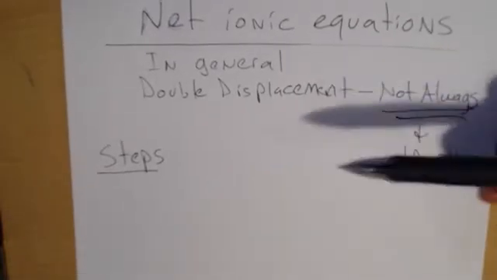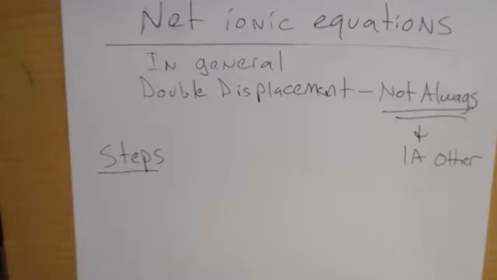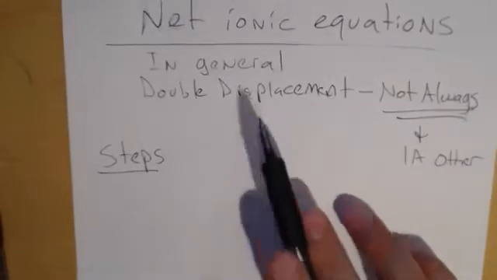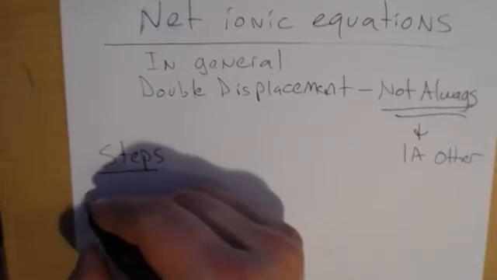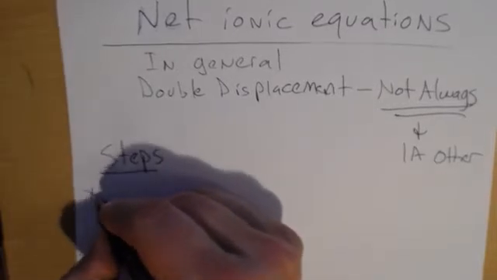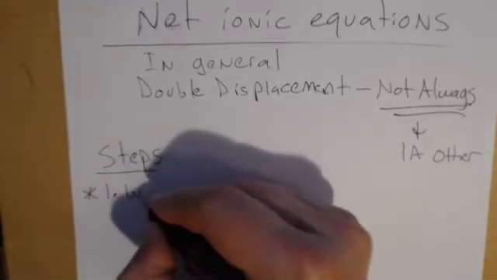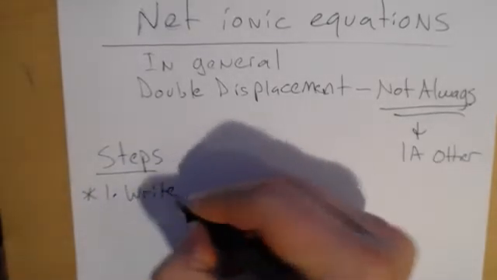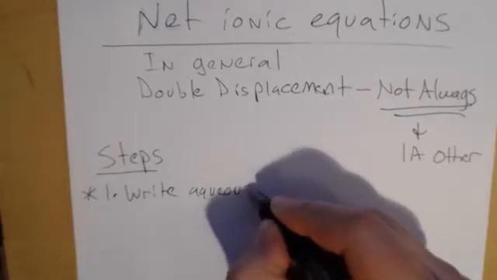So net ionic equations, we're going to talk about it in a more general sense than in lab. We're still going to do double displacement though. So the steps are, and I'm going to write my favorite equation because it actually goes through all the steps. The first step is actually one of the hardest: you write aqueous reactants as ions.